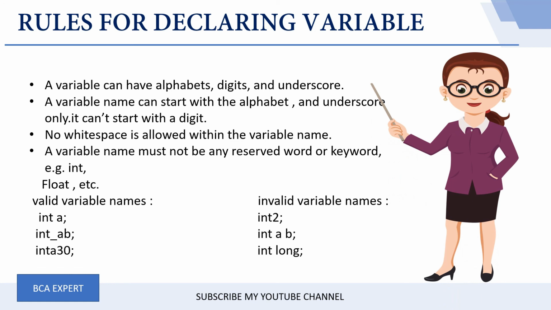Followed by that, we have another way of declaring variables with the underscore, which is the only special symbol eligible to be present in the variable name. Lastly, we have a valid variable name which starts with an alphabet and ends with a digit, which is acceptable.